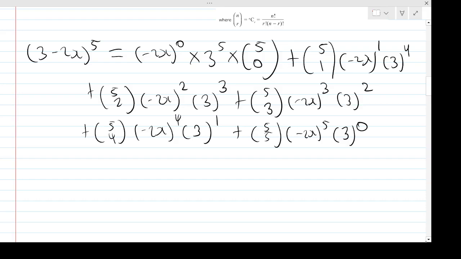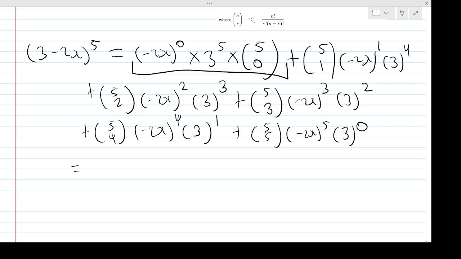Now we just have to put all that in the calculator. I recommend doing it term by term. So I'm going to first work out the x to the 0 term, which I've underlined there. Minus 2x to the power of 0 is just going to be 1, so that's nothing really. So we have 3 to the 5, which should be 243, times 5 choose 0.